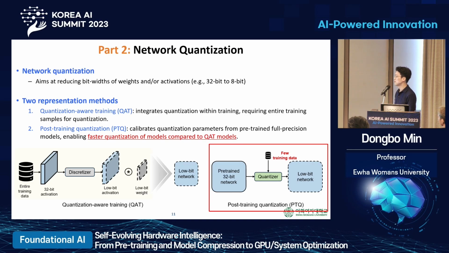Let's apply the quantizer, and then do some fine-tuning. This is conceptually very similar to the previous parameter efficient fine-tuning, but here we want training-data-efficient quantization. So this is more effective in the real scenario. This is why the research work has been moving into post-training quantization.